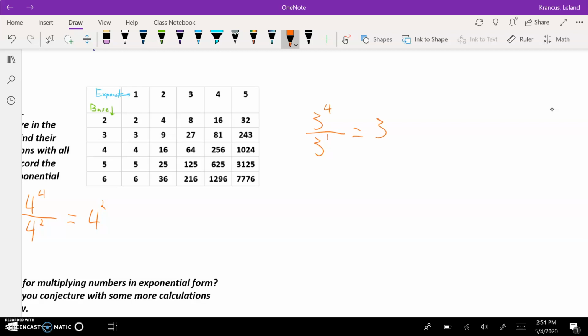I should get 3 to the 4 minus 1, which would be 3 to the third power, which would be 27. And if you do 81 and you divide by 3, indeed, you get 27. So that works.